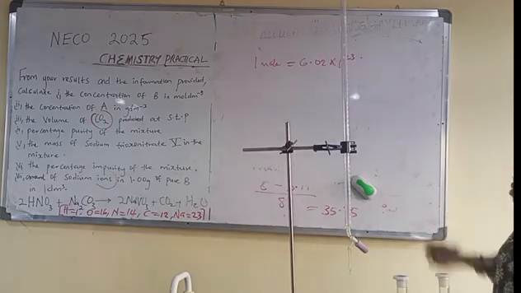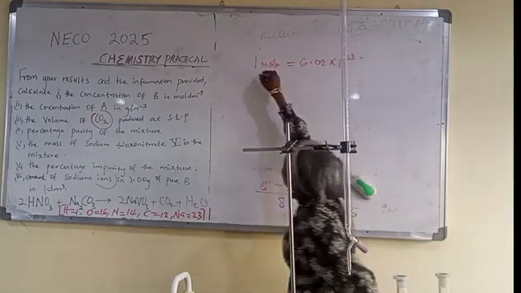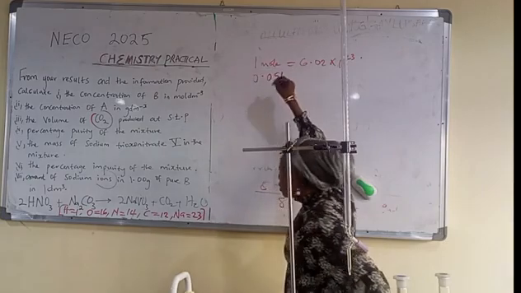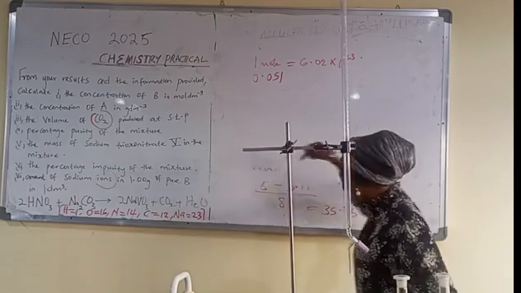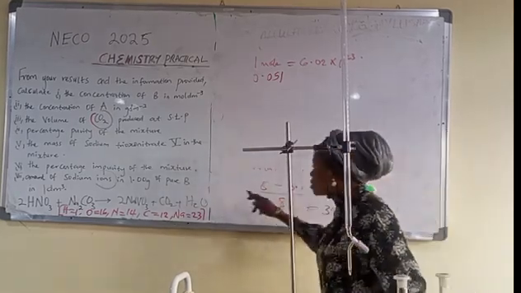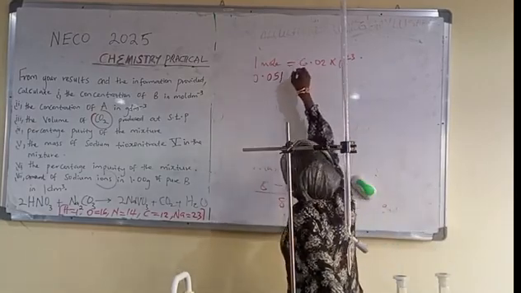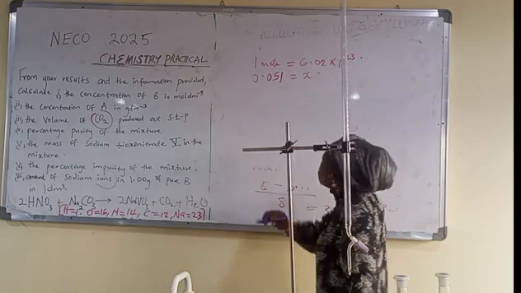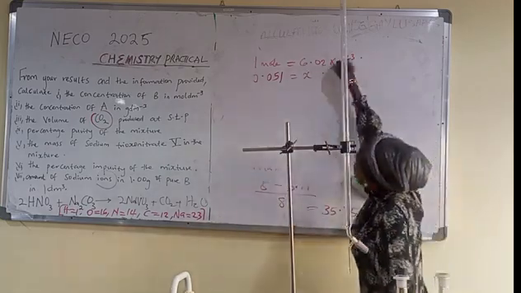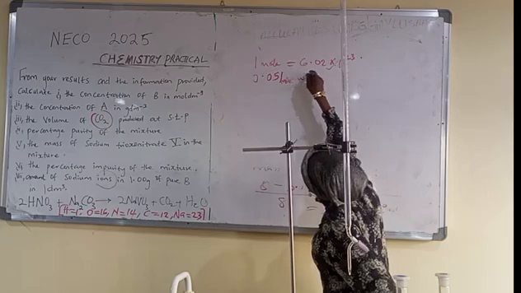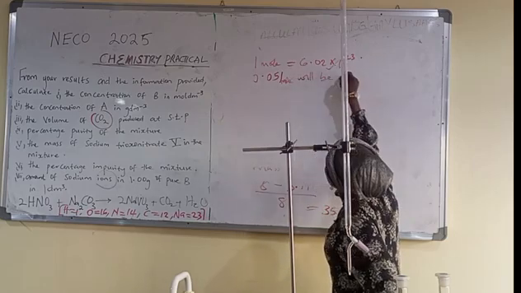Then the mole of sodium ion in that pure B, what was our mole? 0.051, where we calculated it. So if one mole is this, this amount of mole will be how much?